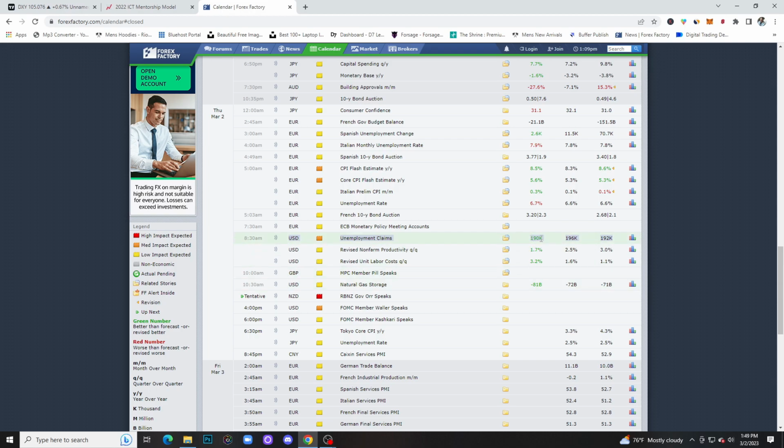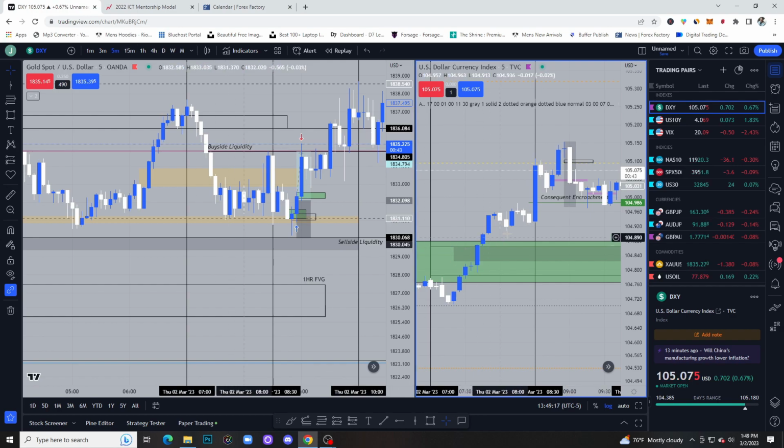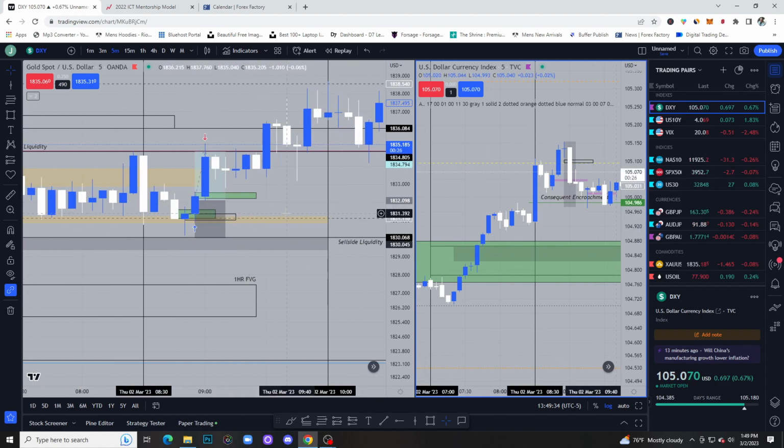These numbers turned out to be good for the currency. So what happened? The dollar started to rally, and inversely, gold started selling off. That's the only reason I have this chart with me while I'm trading gold, because, as I mentioned before, they have this inverse relationship, right?